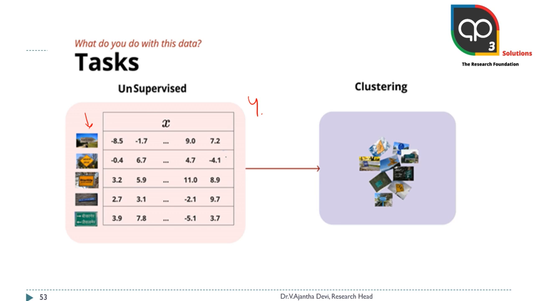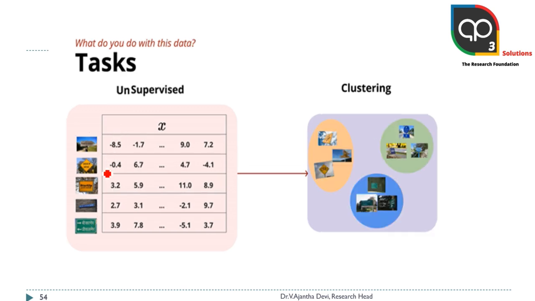What each cluster means here is, if I look at this data, it's clear to me that one cluster is containing all signboards which are yellow in color. See here, these are all yellow boards, and here it is green, and here blue. Yes, I can categorize this.